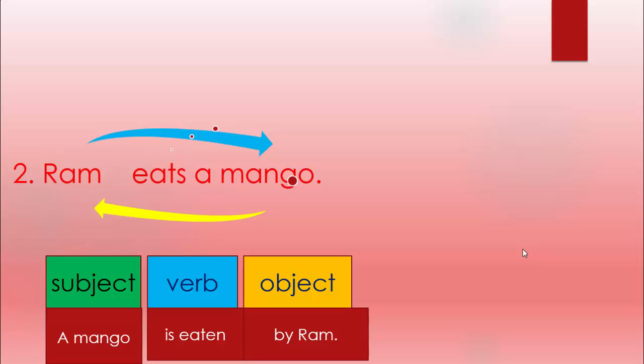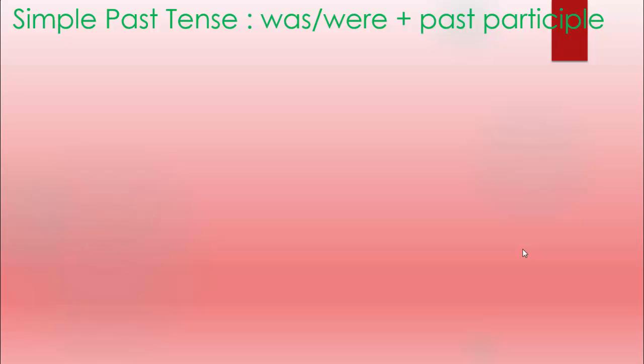Now let's see an example of simple past tense. The formula is was, were plus past participle of the verb, and here is an example.